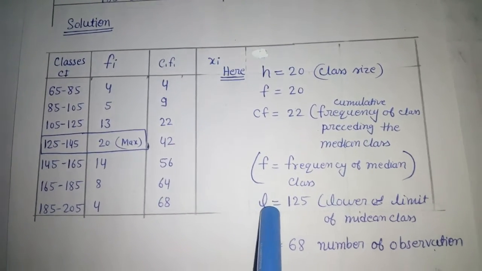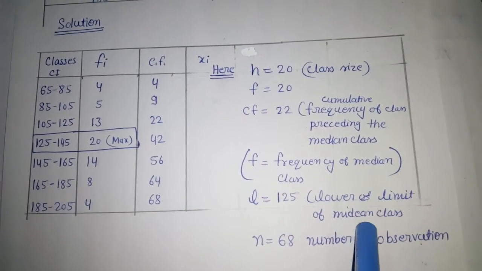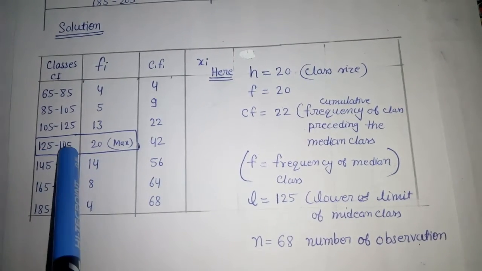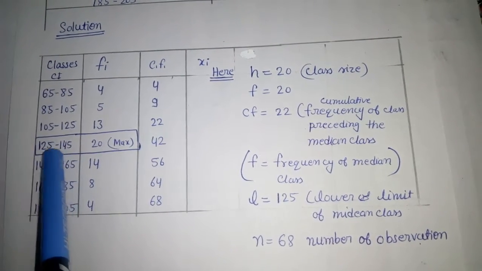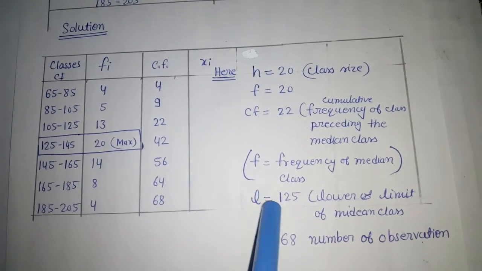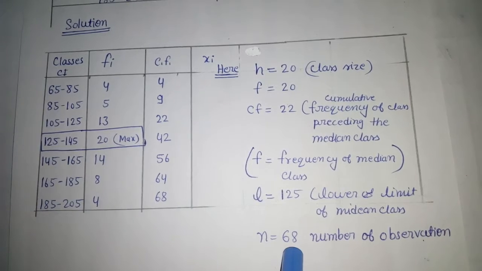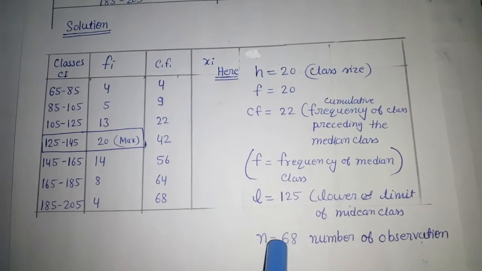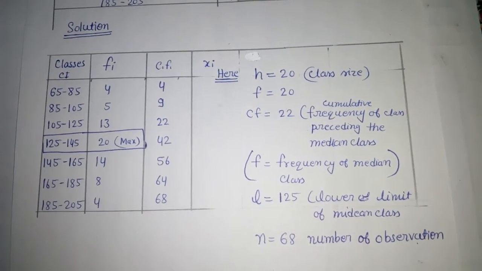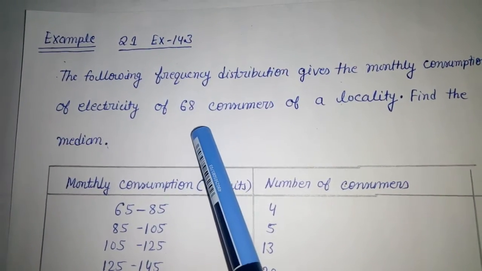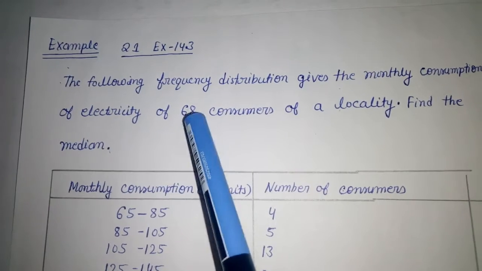L, the lower limit of the median class, is 125. N is equal to 68 because it has been given: electricity of 68 consumers, so this is N.